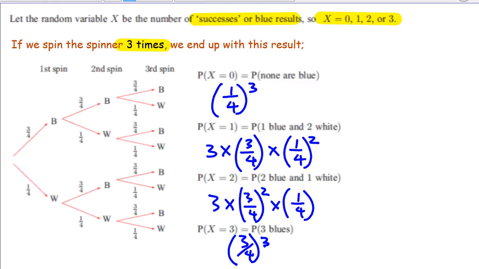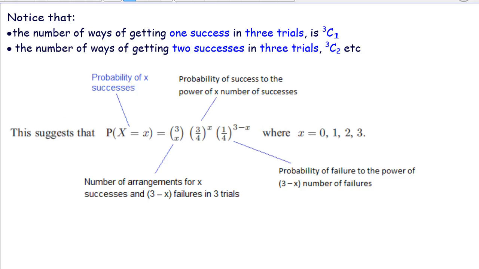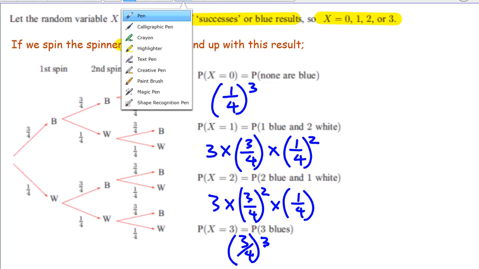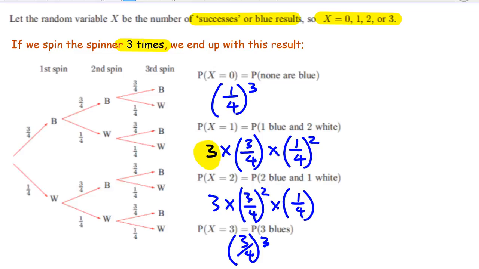By inspection, we can see a few things here. You can note that the number of ways of getting one success or one blue result in 3 trials is 3 choose 1. When I talk about the number of ways, if I can just go back to this diagram, this is what I mean.